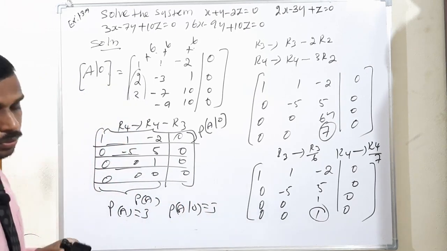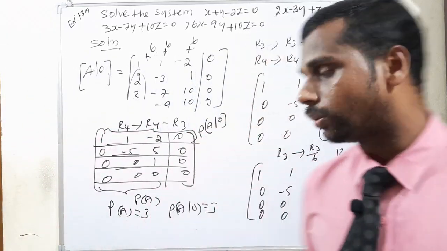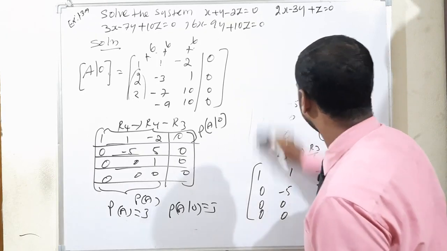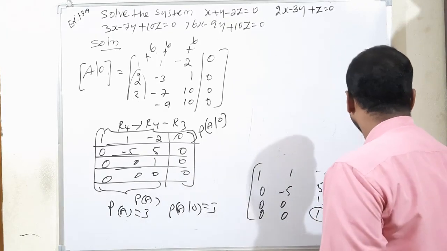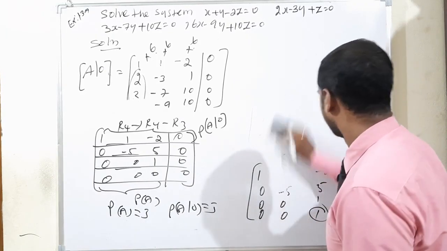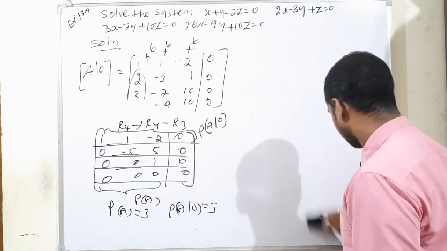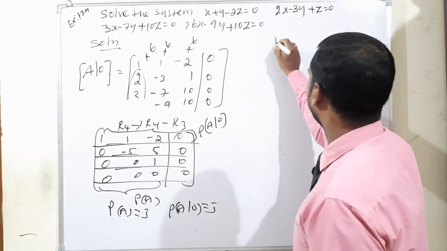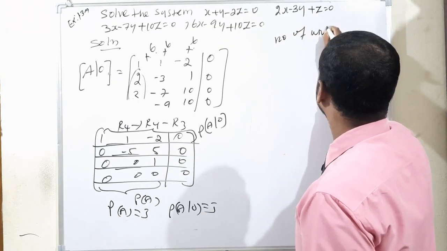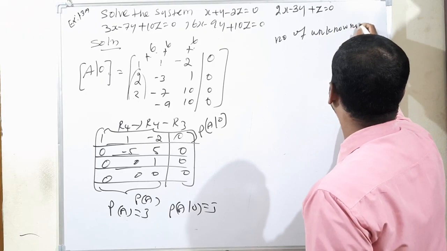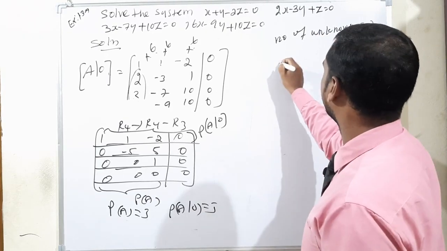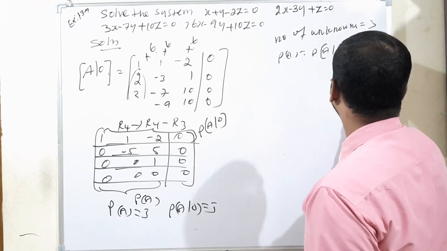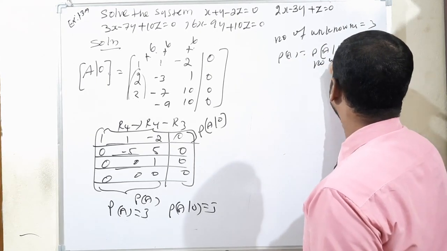So number of unknowns is equal to 3. So everything will be equal, no? So rank of A and rank of A with O equal to number of unknowns.